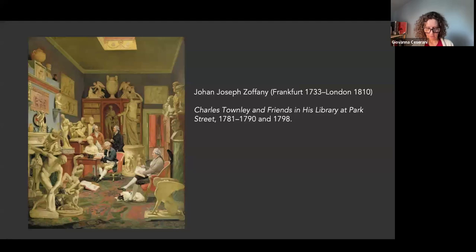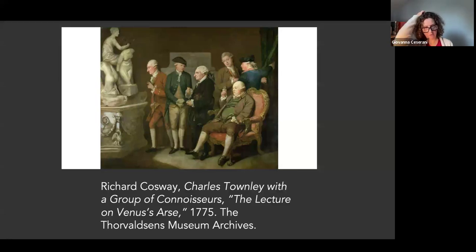What Viccy Coltman has recently done, by digging deeper into this picture of striking contrast between the colorfully dressed elite males and the pale and lucent stone objects and naked marble statues among and around them, is to put this conversation piece in relation to another one made just a few years earlier by Richard Cosway, which is again Charles Townley with a group of connoisseurs, much less idealized.